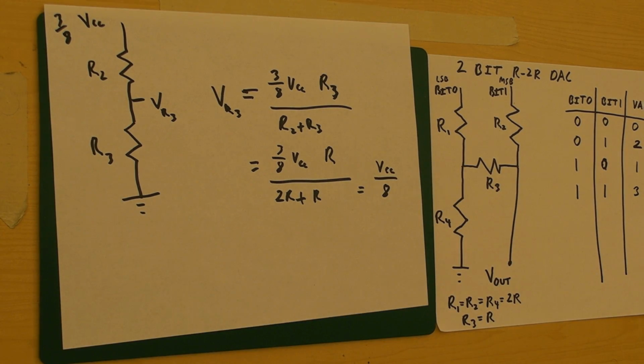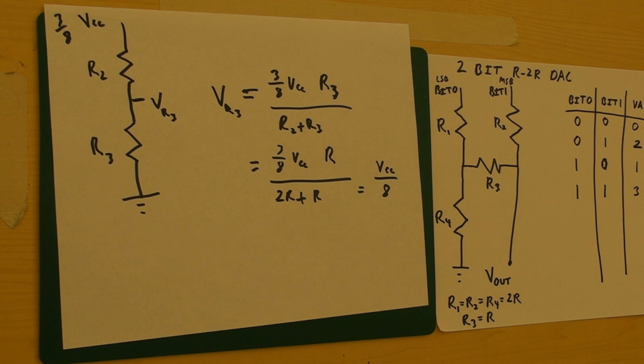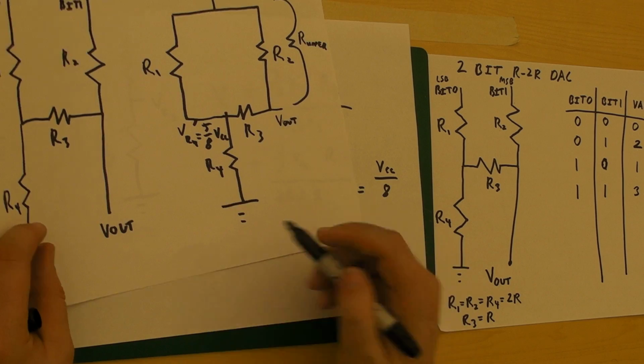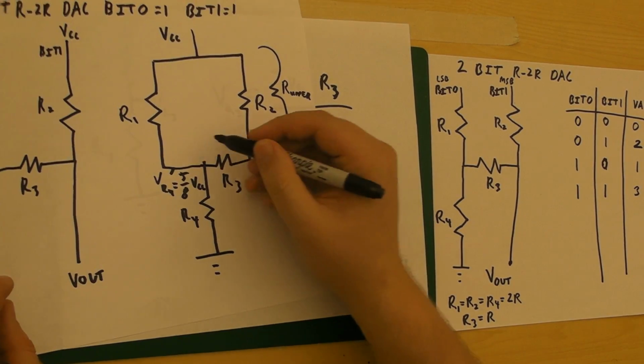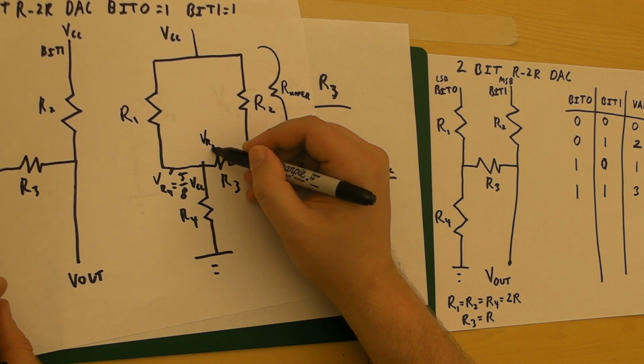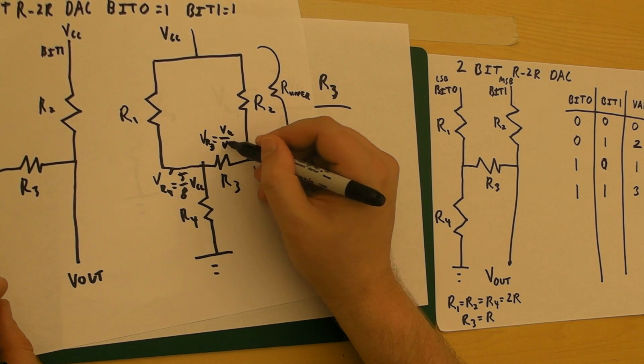Okay, so now, going back to our original circuit, we know that the voltage drop over R4 is 5/8 VCC. The voltage drop over R3 is 1/8 VCC.